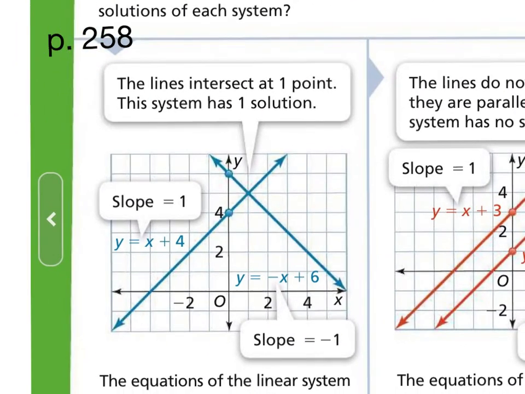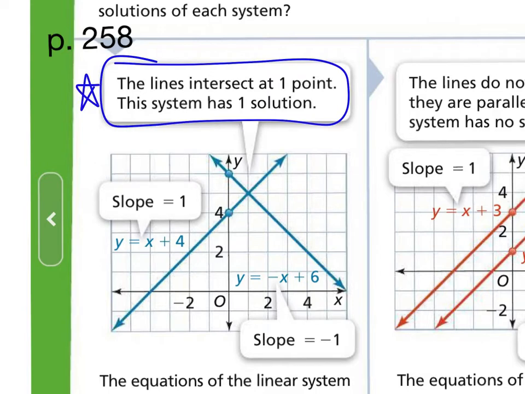One possibility, which is actually more common than you might think based off of what we're going to do in this lesson, is where we have lines that intersect at one point. So if they intersect at one point, we have one solution.